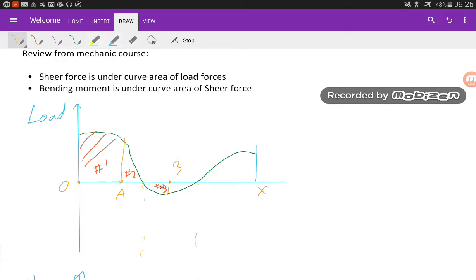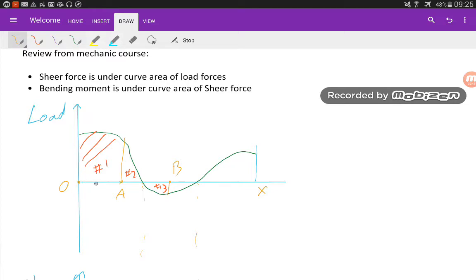You have to divide it in 2 parts anytime you're crossing the 0 line. So this is area number 2 and area number 3 between A and B. Between A and B, we divide the area into 2 parts because your load curve has crossed the 0 line. Okay, so from point O to point A, you have one area.